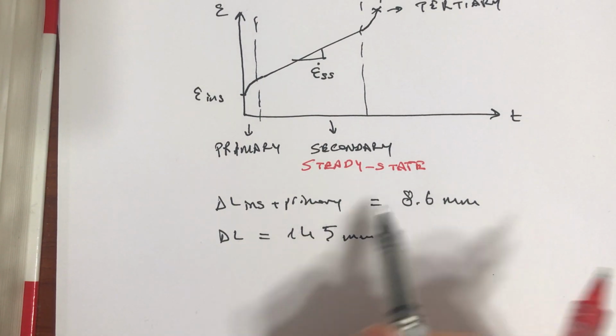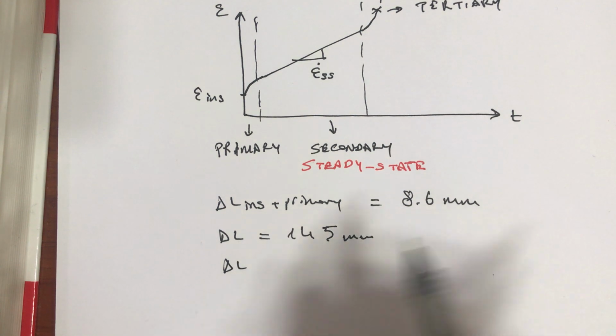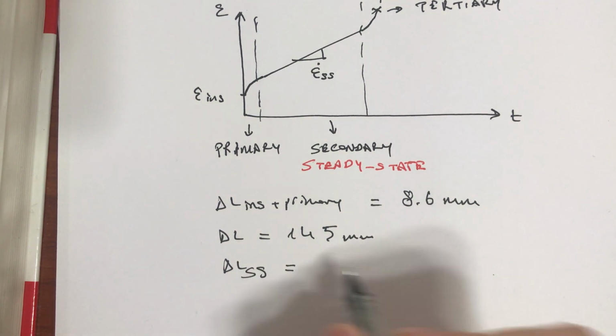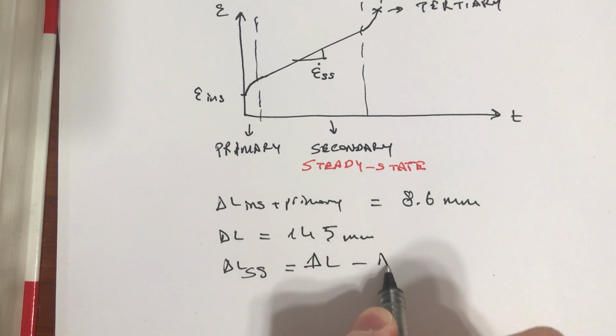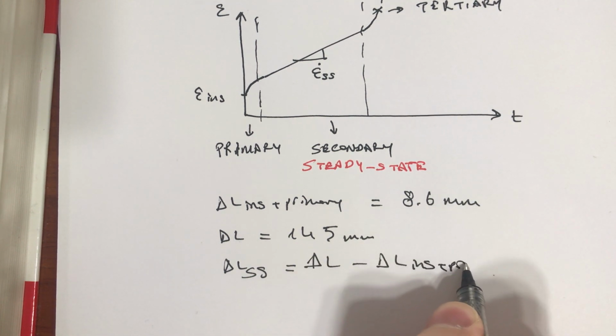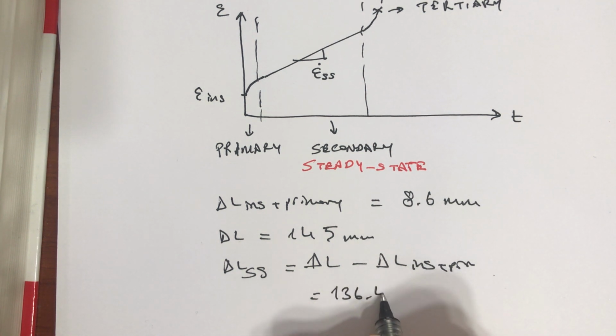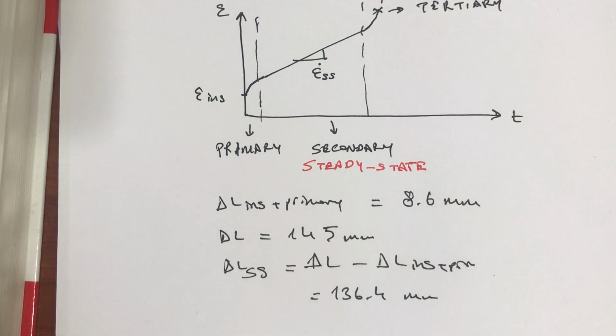Now, from here we can calculate the steady state elongation as delta L minus delta L instantaneous plus primary, and that is going to be 136.4 millimeters.